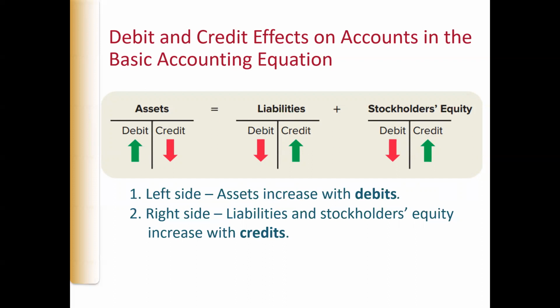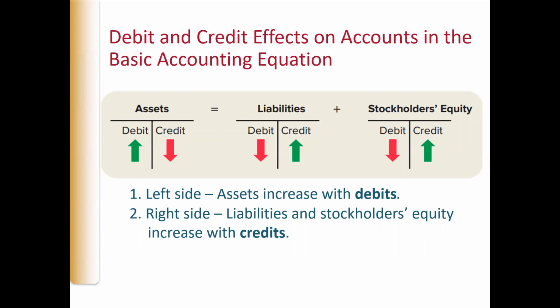In the accounting equation, assets are on the left side of the accounting equation. Assets equal liabilities plus stockholders' equity. Assets increase with a debit and they decrease with a credit. It's just left and right. Liabilities are on the right-hand side of the equation, so they increase with a credit, as does stockholders' equity, and they decrease with a debit.